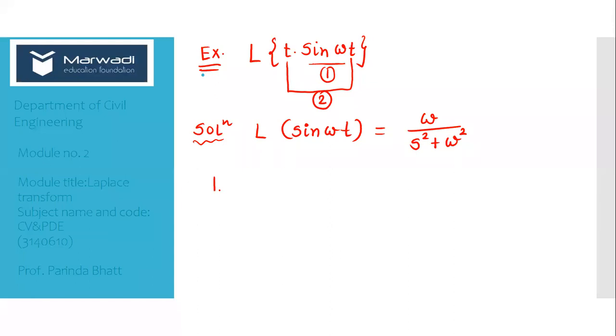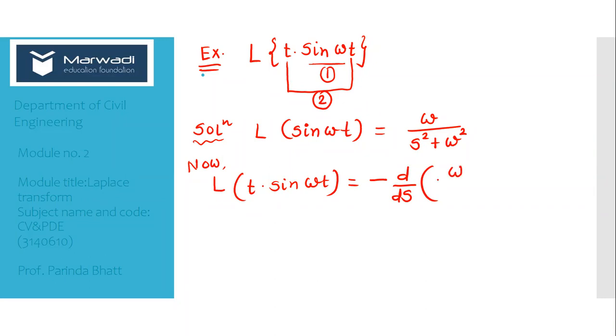Now we multiply by t. Now on the left side we multiply with t. T sine omega t. Okay. Now as per rule, when t multiplies the function, then here minus sign, then d by ds of the answer. Answer means Laplace of sine omega t, the answer is here.